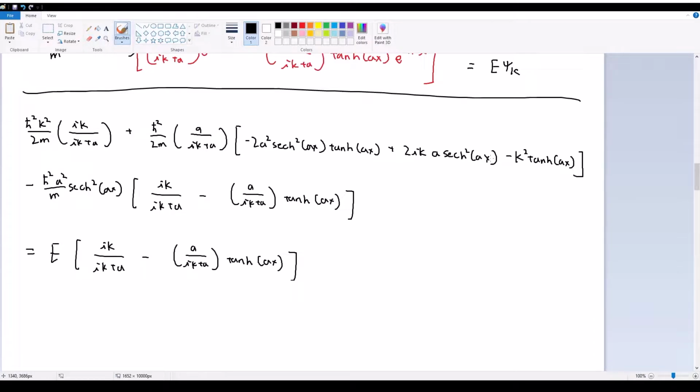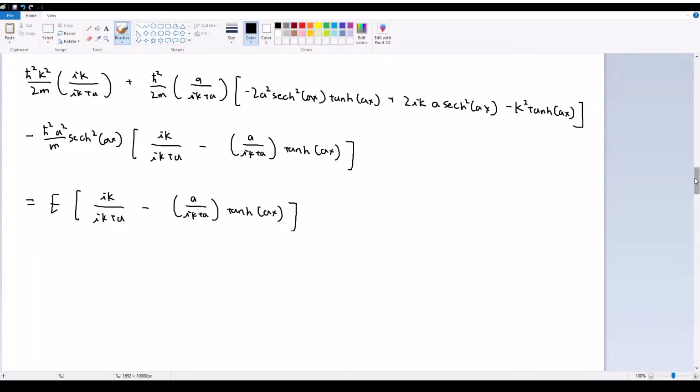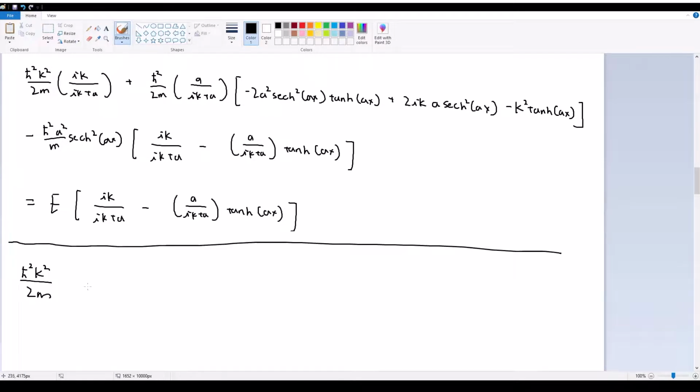So if I do that, then I'm going to get, let's see, h bar squared k squared over 2m. And you know what? This is such a long expression that I actually have to divide up my partitions. ik over ik plus a. Then the first term of the set is going to be plus h bar squared a squared.